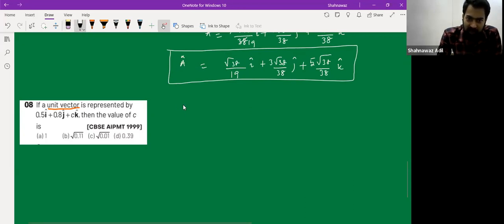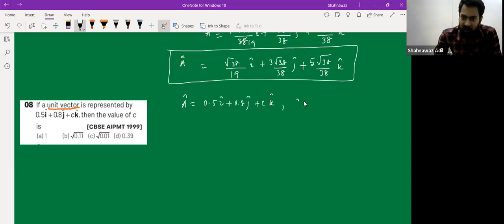So let's say a unit vector is given, which is 0.5 i plus 0.8 j plus ck, right? And we have to calculate the value of c. So what do we know about the magnitude of this a vector, a unit vector?